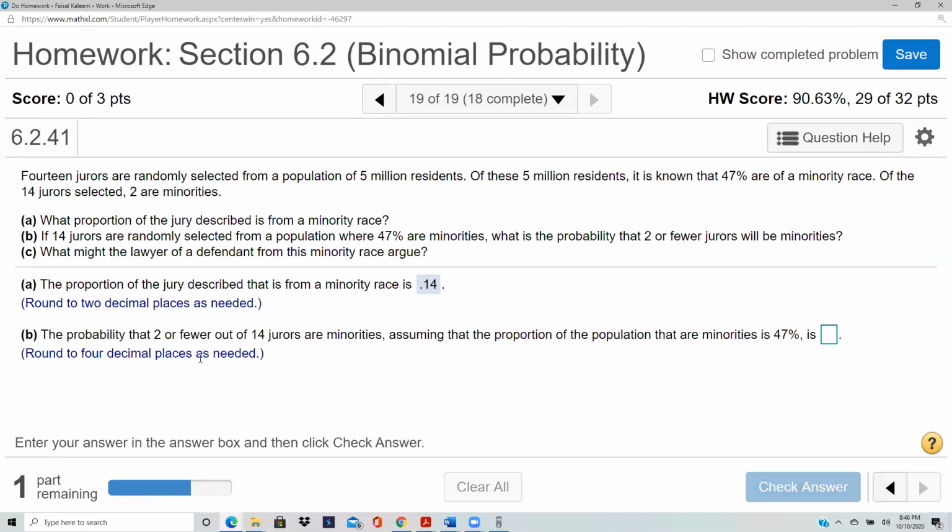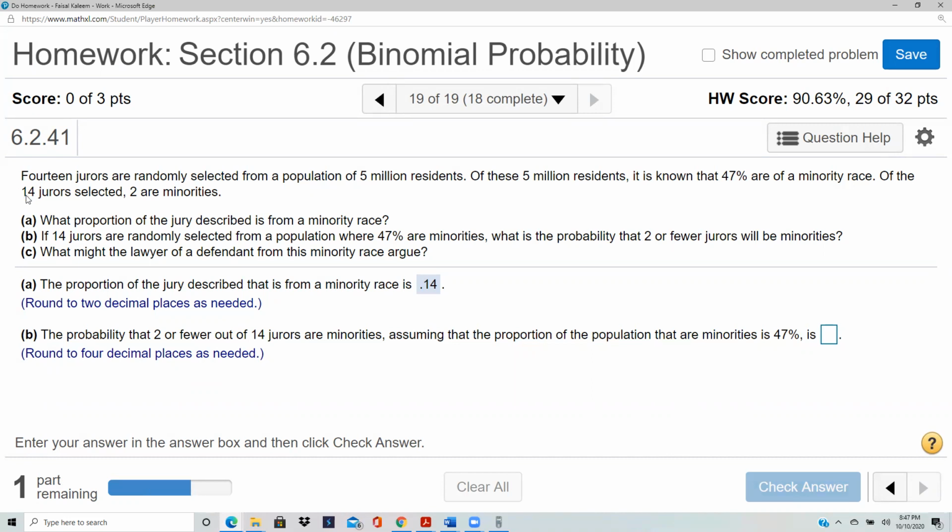Find the probability that 2 or fewer jurors are minorities, assuming the proportion of the population that are minorities is 47%. Okay, so 47% are minorities, and we have 14 jurors. Since we're only talking about what's happening to the jury, the jury is the total number of experiments.